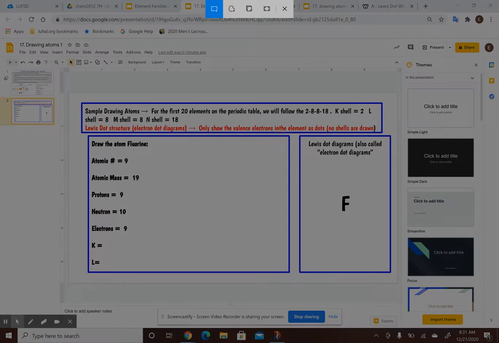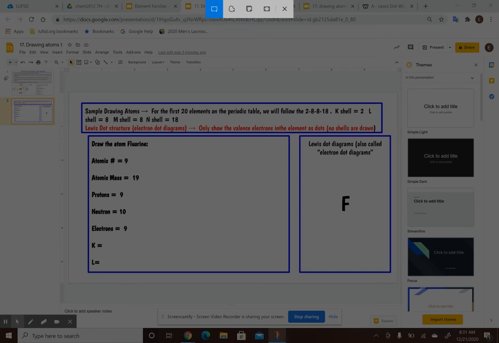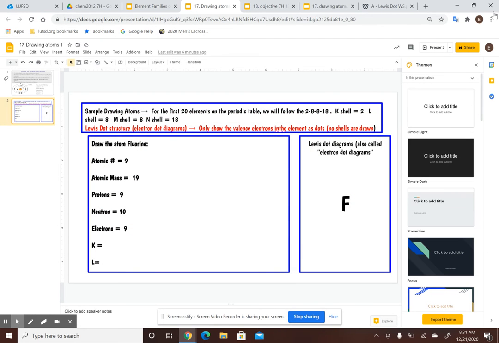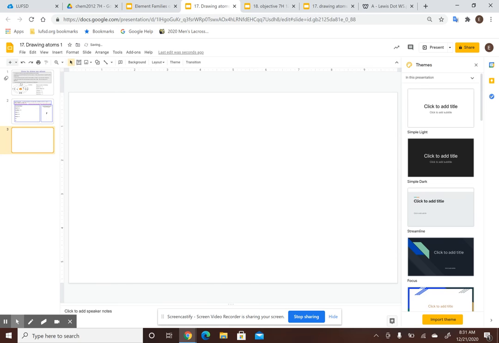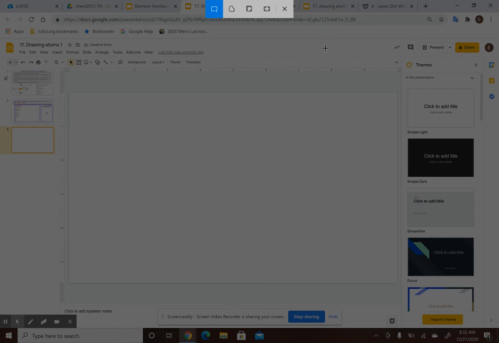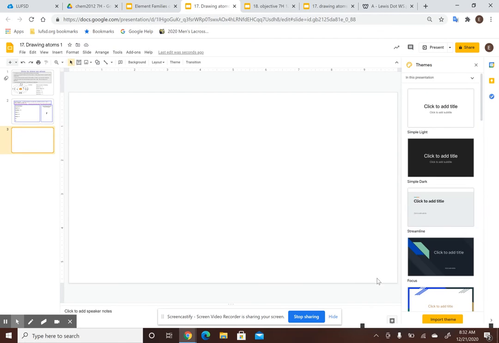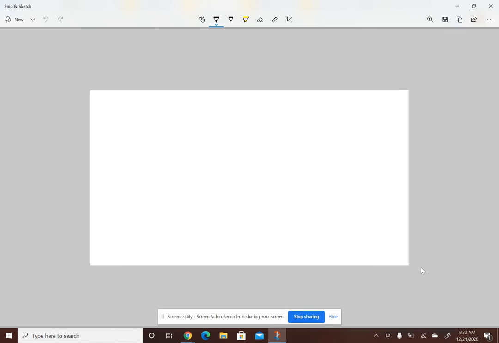I'm going to add a new slide, and on that new slide, I'm just going to do a few samples with you. Let's just say that I was looking at the element hydrogen.